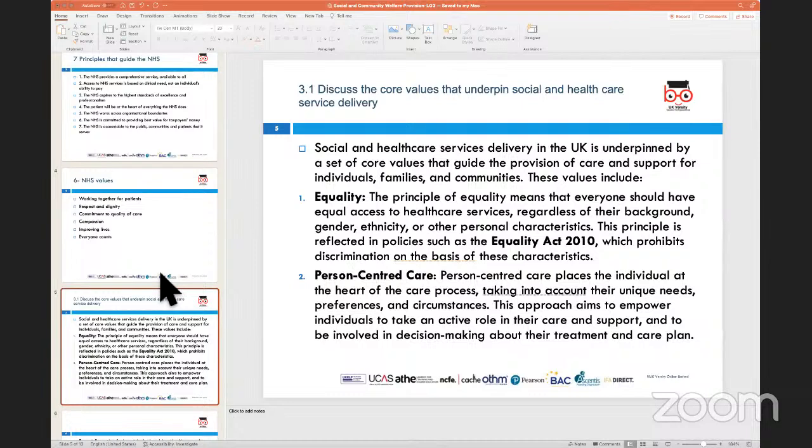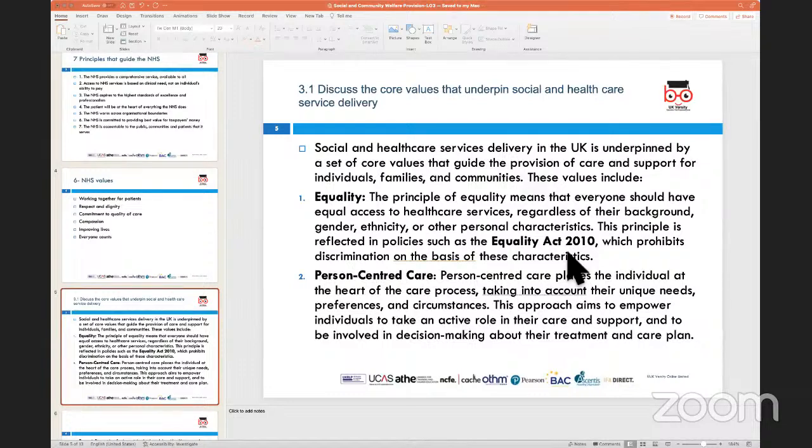The first principle is that it provides a comprehensive service available to all, and the second is that the patient is at the heart of everything. So this particular legislation relates to that, and it covers two different principles of the NHS.